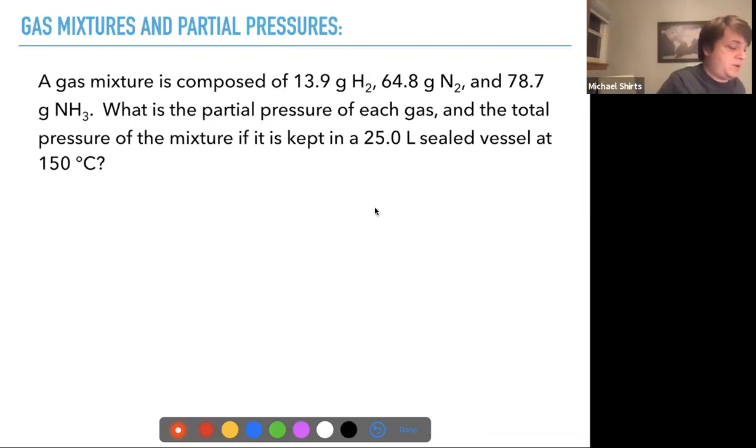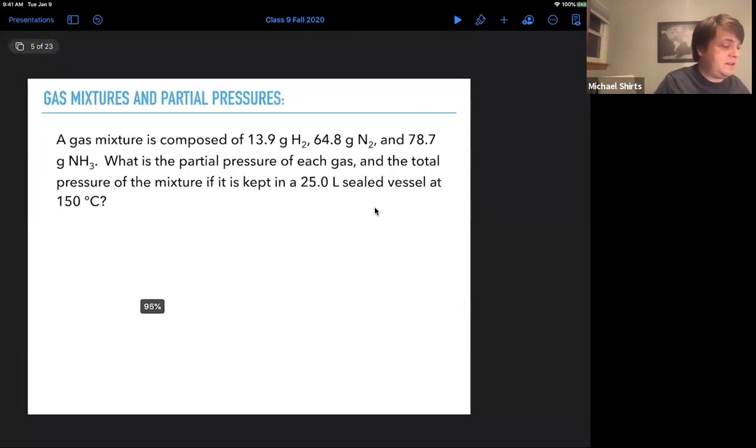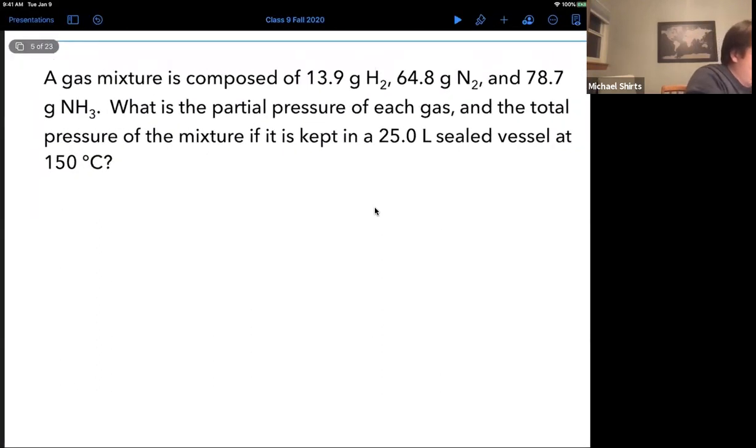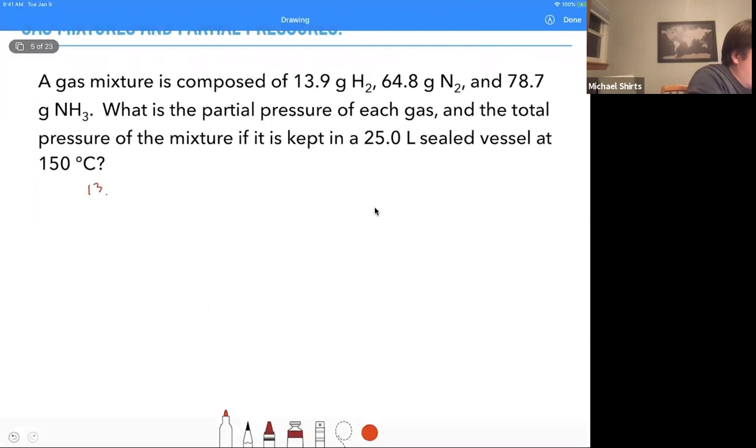So we have 13.9 grams of H2, 2.02 grams of H2 per mole of H2.